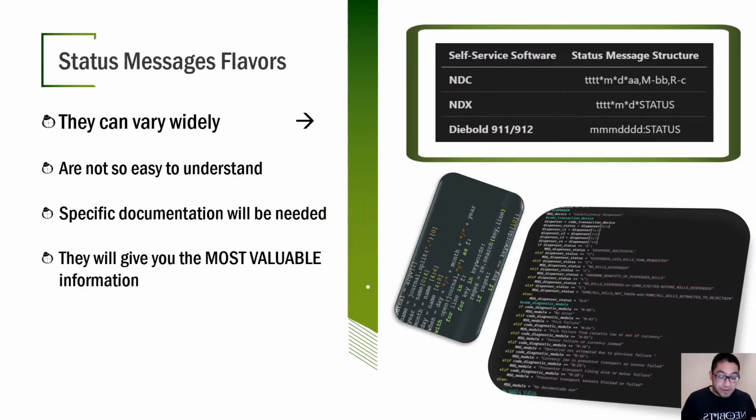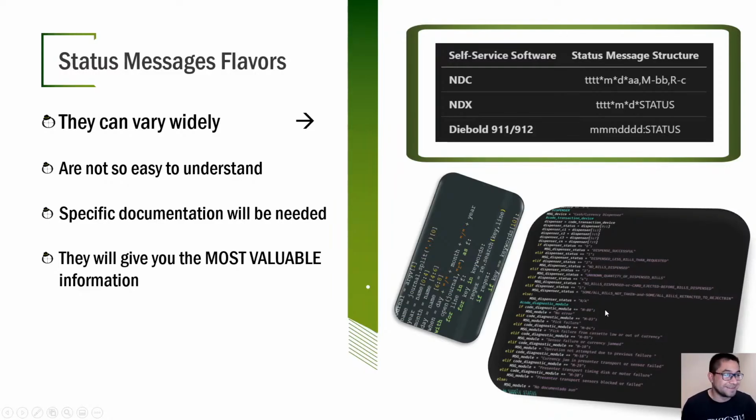But when I check, the self-service software must be using that one, but is not, it is using NDC instead. So the Diebold 911 documentation will not help me because the errors will be totally different from what the NDC will tell me.